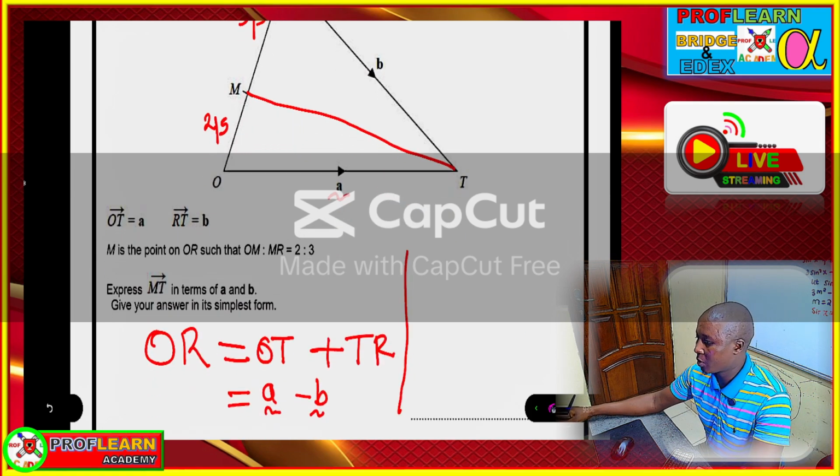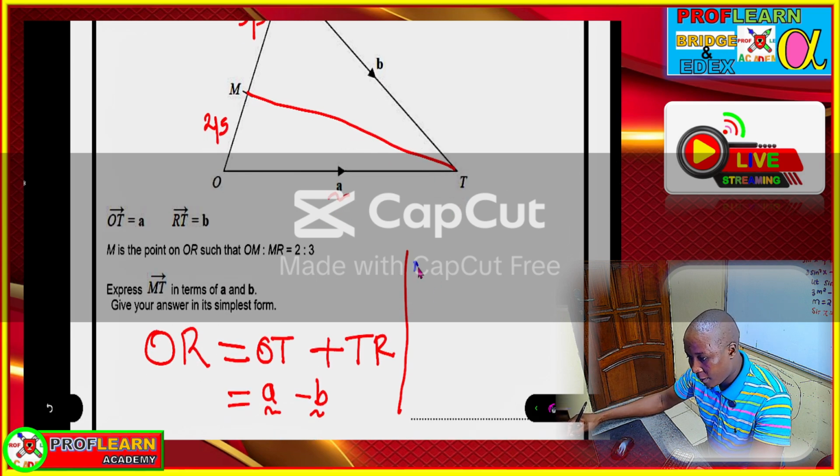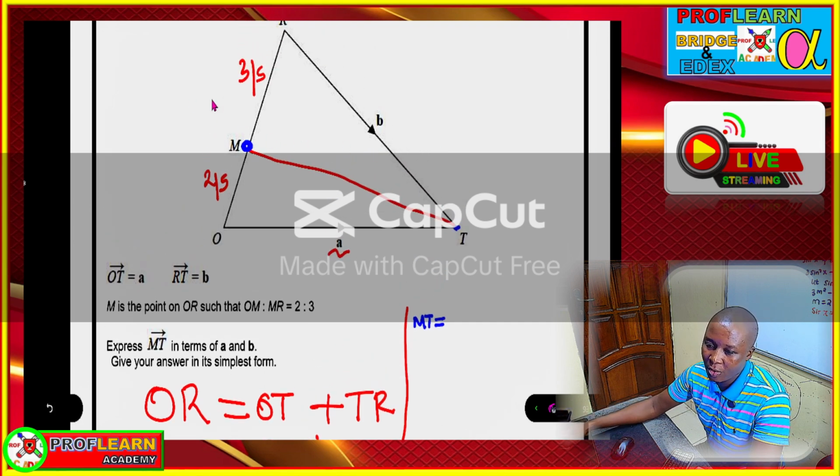Then we can figure out how to find MT. Now, our MT is going to be, we are moving from M, you will end up at T. So since I found OR, let me use this route.